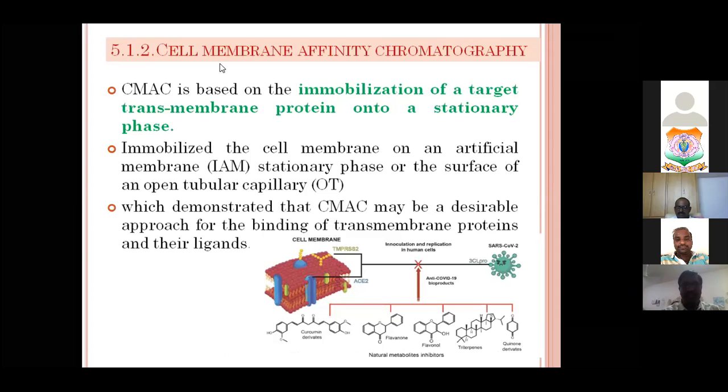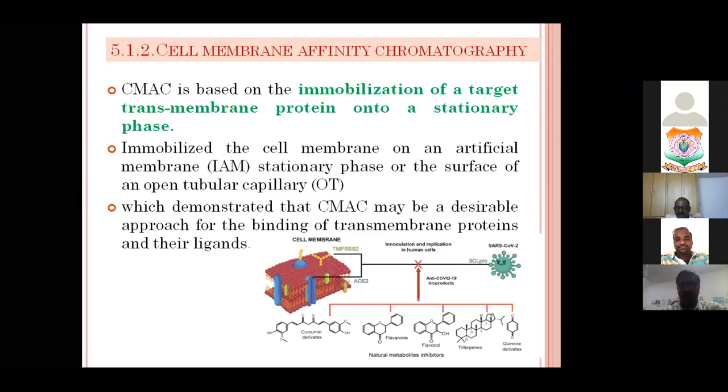Next one is cell membrane affinity chromatography. Here, it is immobilization of a target transmembrane protein onto a stationary phase. See, this is the transmembrane TMPRSS2 as a target, adsorbed onto silica gel, which acts as the stationary phase, and then they do the further process.